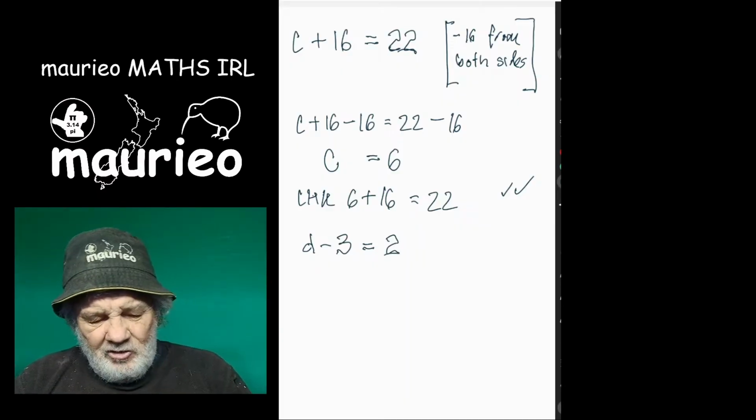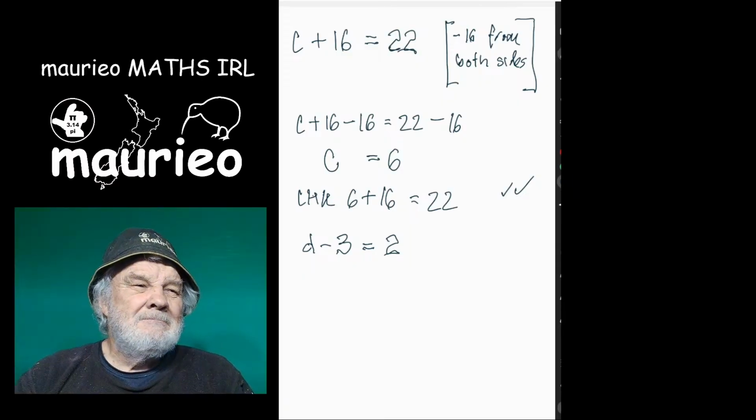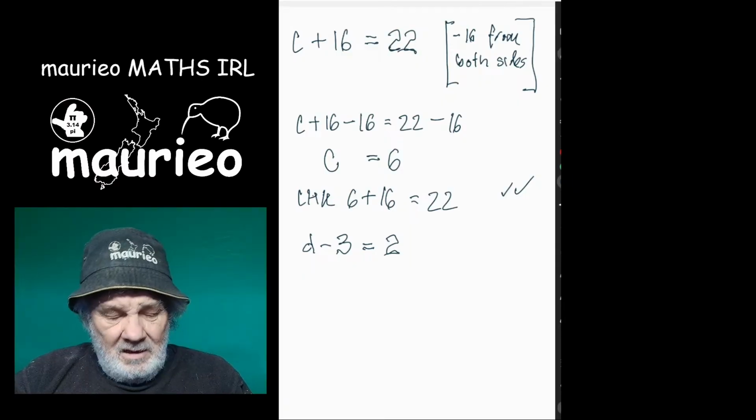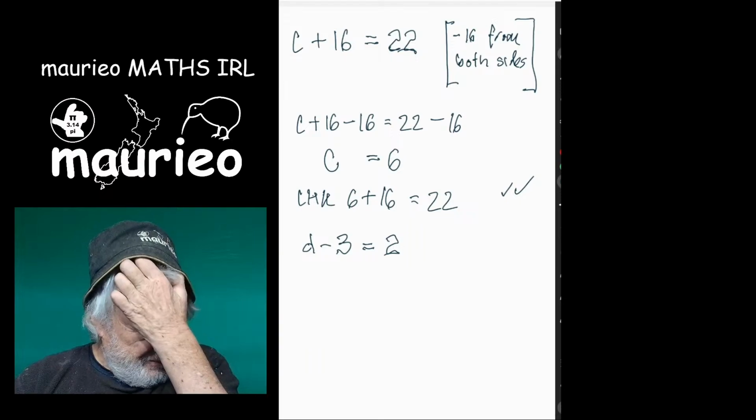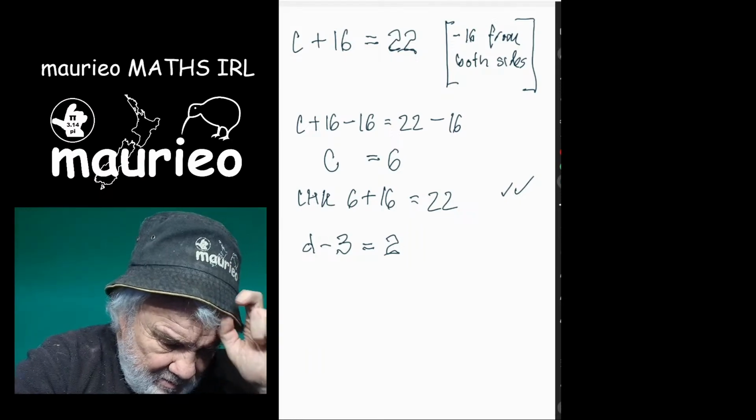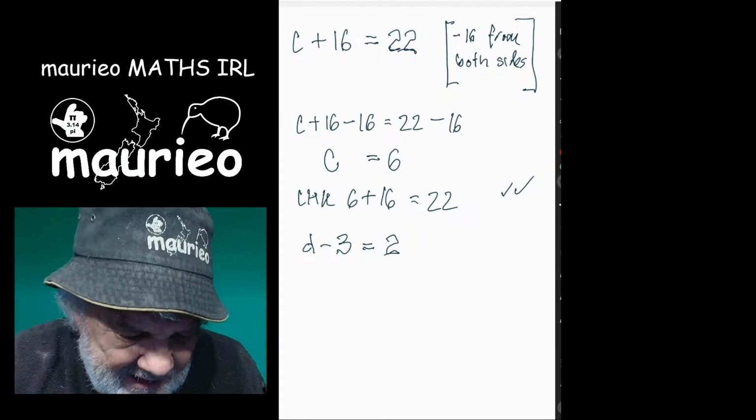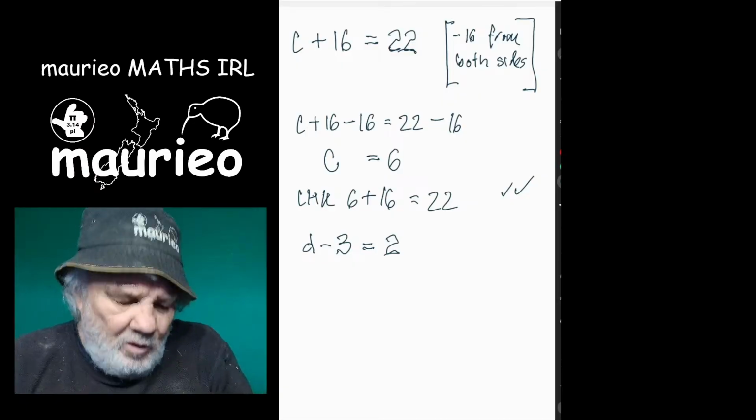D minus 3 equals 2. Well, when we had C plus 16, we took away 16.